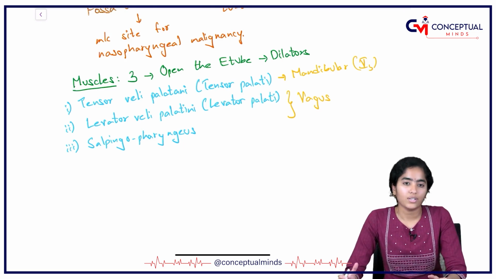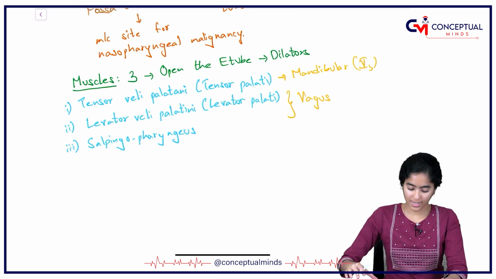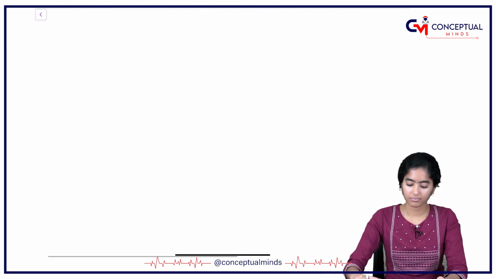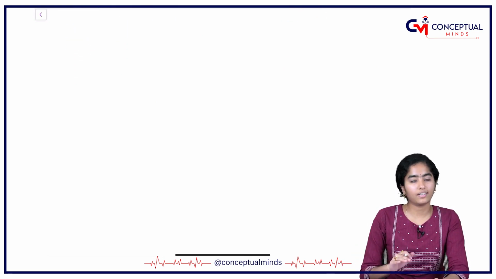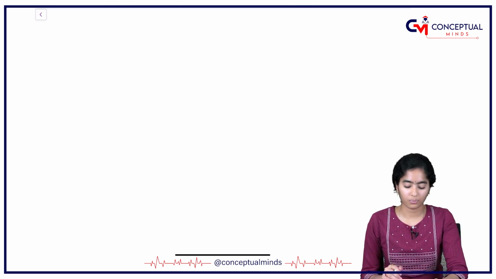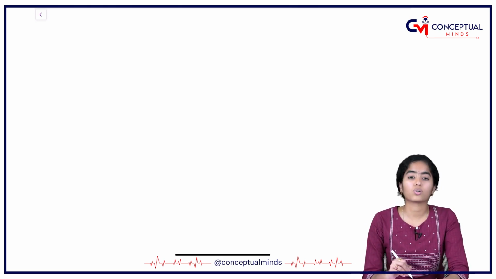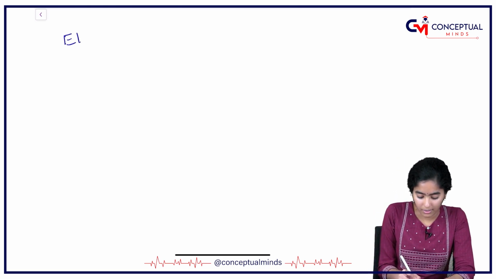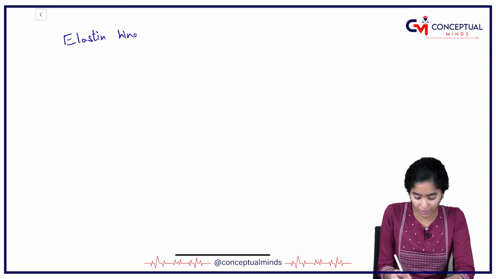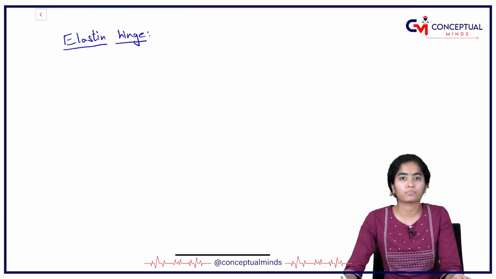With this we have completed learning about the pharyngeal end. And there are two more structures of the Eustachian tube that we need to learn, and they are elastin hinge and Ostman's pad of fat. First, let us see what is this elastin hinge.